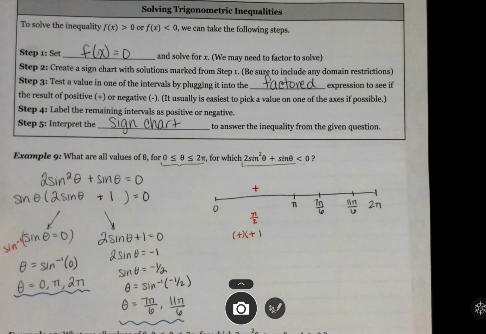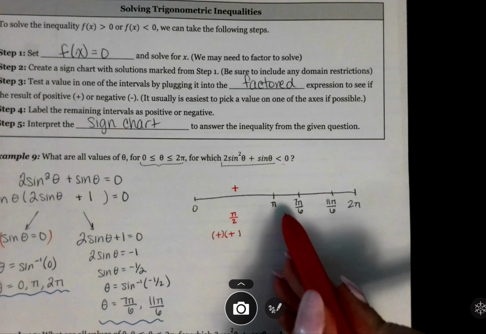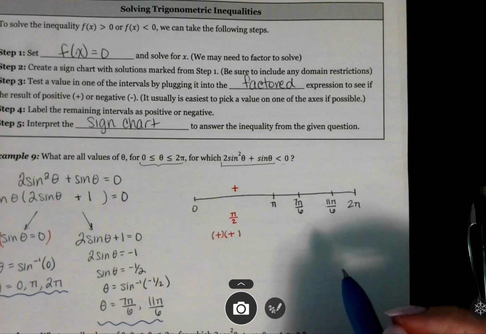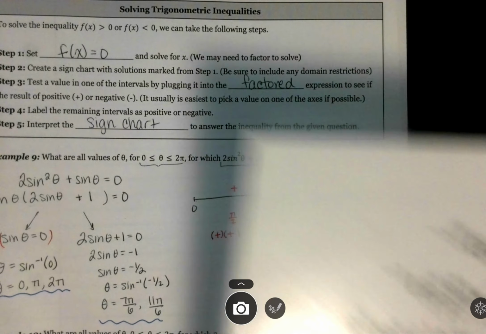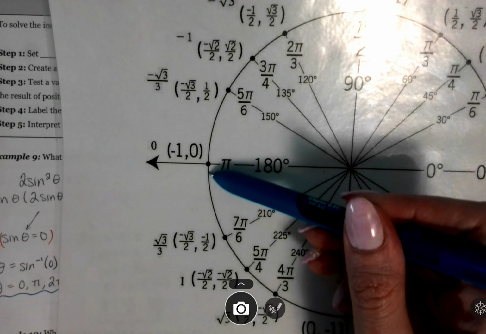So I'm going to keep checking values in between intervals. So moving on to this one here, between pi and 7 pi over 6, I'm going to change my color. This is kind of hard. So pi and 7 pi over 6, I want to look at my unit circle because I'm looking for an angle in here.